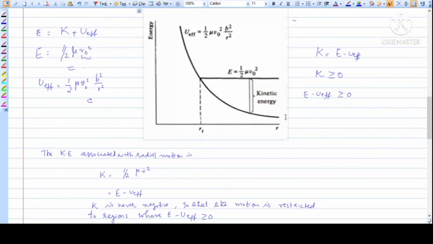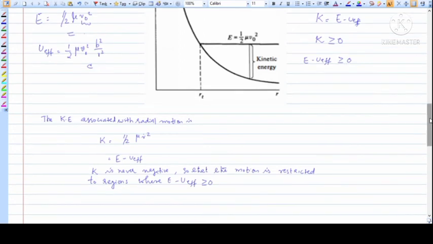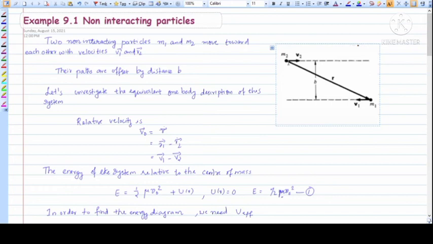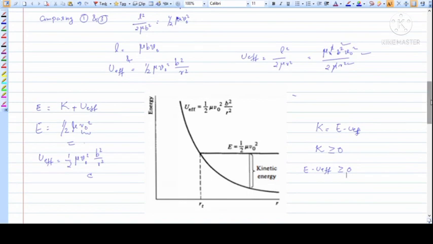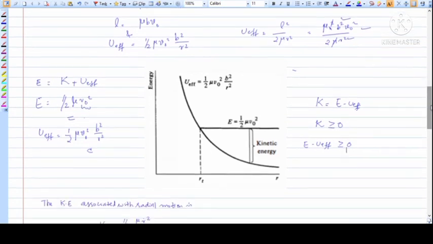So considering our system, initially R is very large. As the particles approach, the kinetic energy decreases.